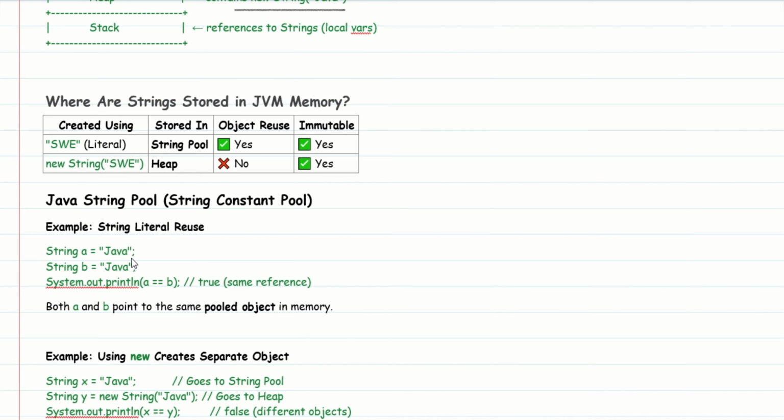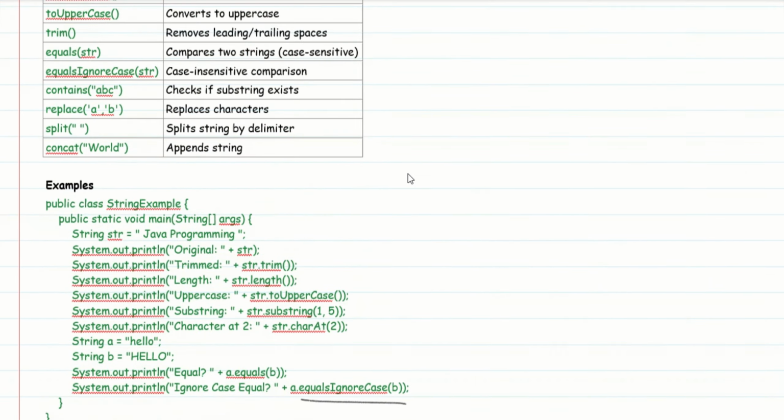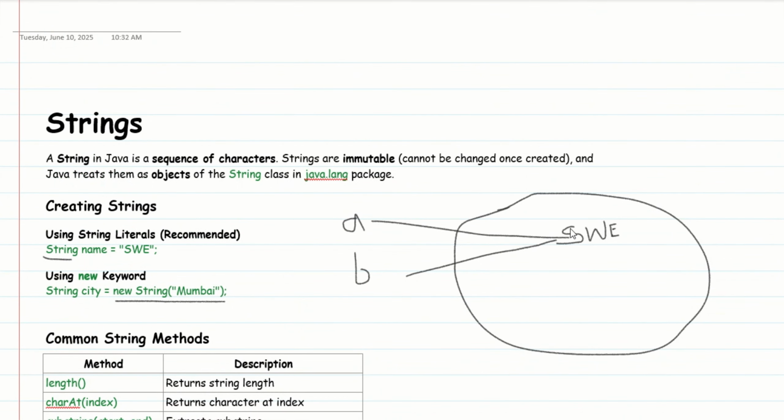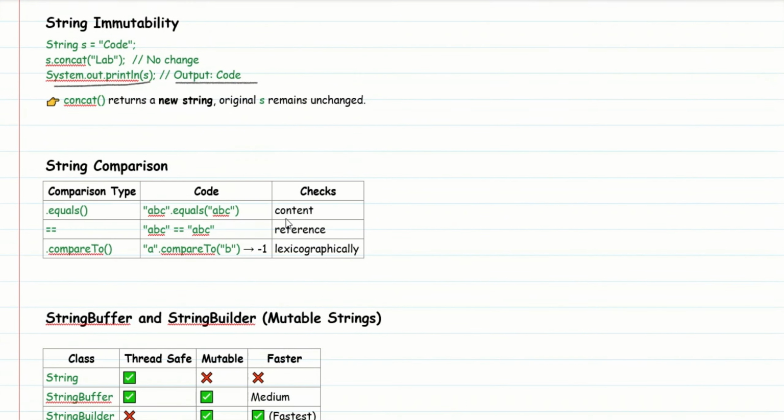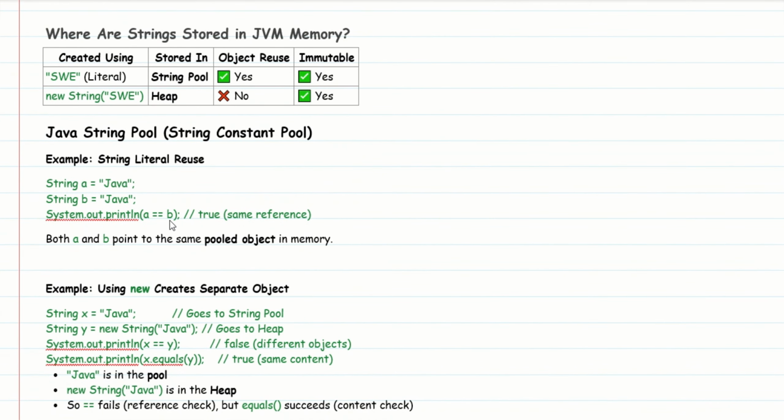Then comes use cases. When you create a string with the same value, as I mentioned, here I have variables a and b with the same value. When you compare them, it will give true because the reference is the same. As you're seeing here, the object references are the same, so the equality check returns true.